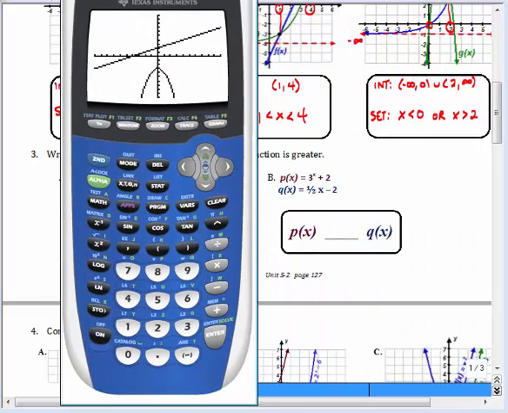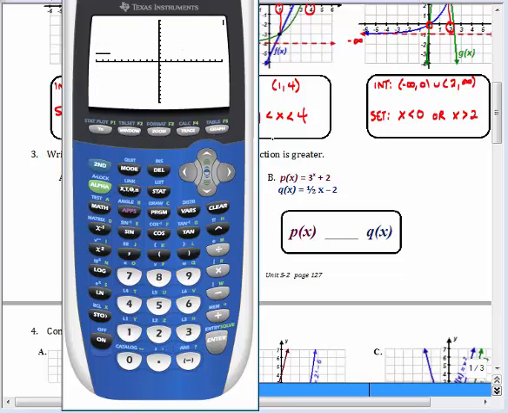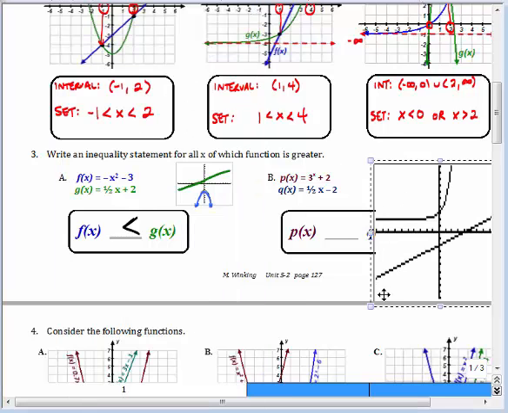Again, we need to graph both of them. Let me go to y equals and clear out the old graphs. This first one says 3 raised to the x plus 2, compared with 1/2 in parentheses x minus 2. There's the exponential and there's the line, and you can see the exponential is always above the line in this case.